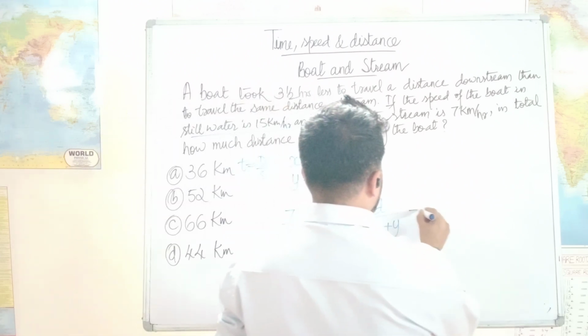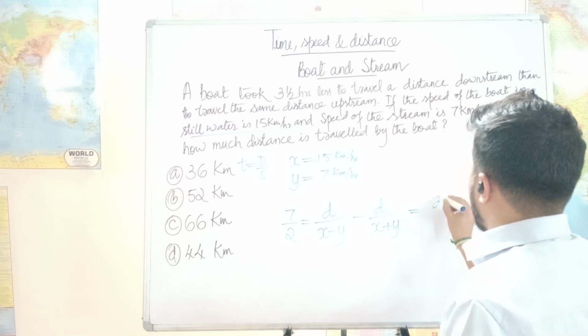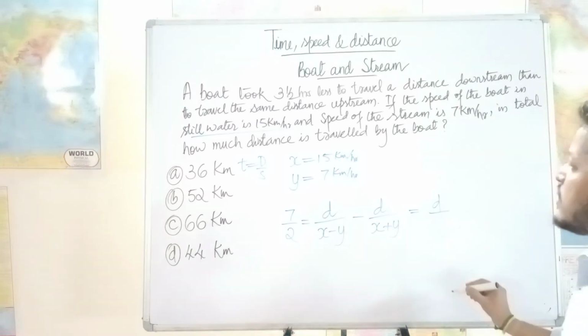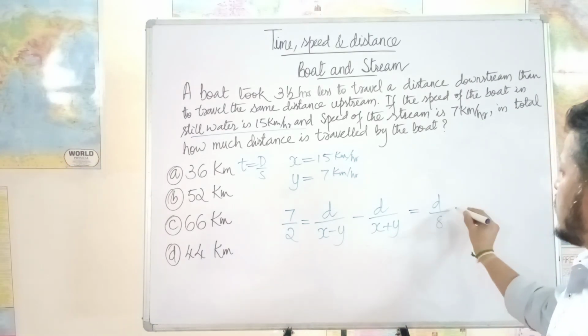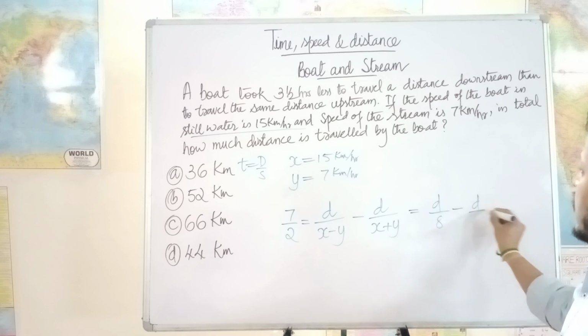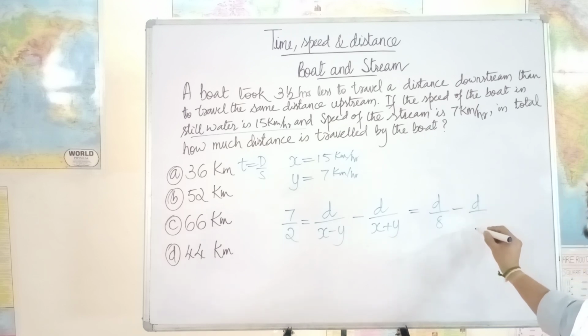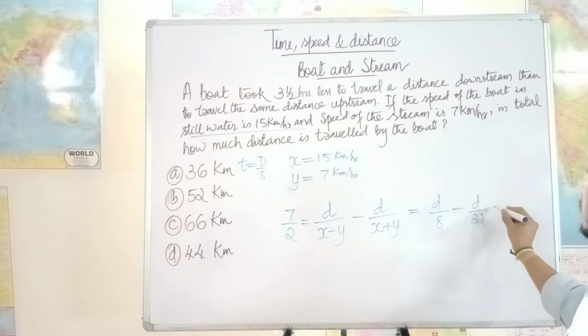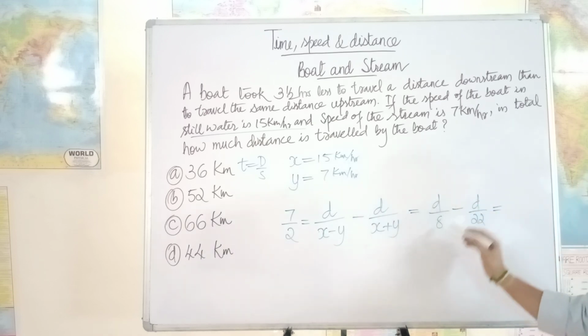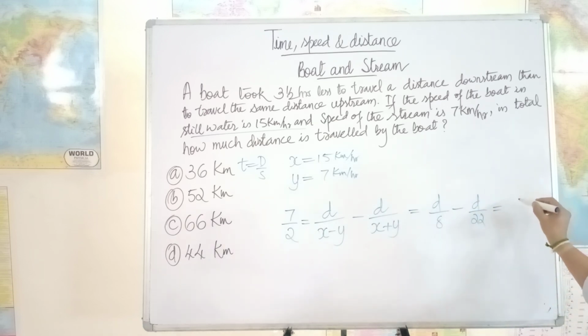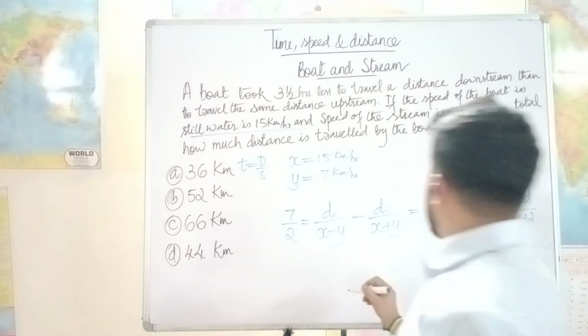Now this is equal to d divided by x minus y, which is 8, minus x plus y, which is 22, which is equal to 22 minus 8 is 14d divided by 8 into 22.